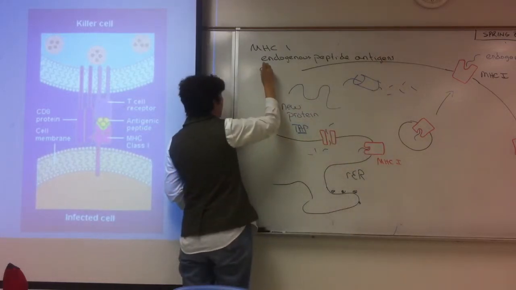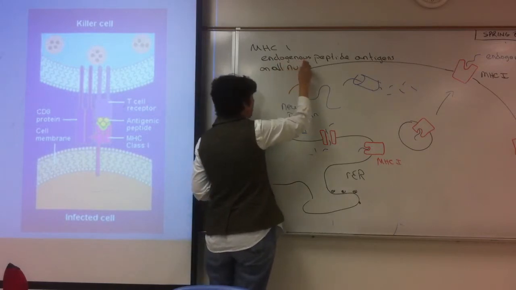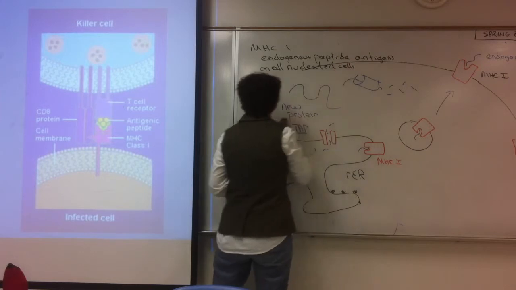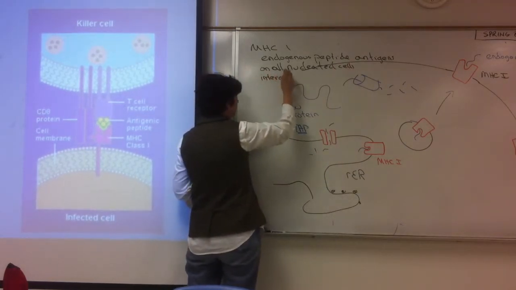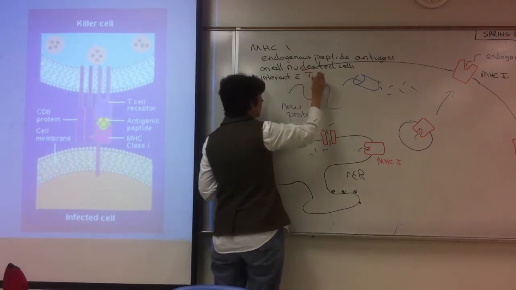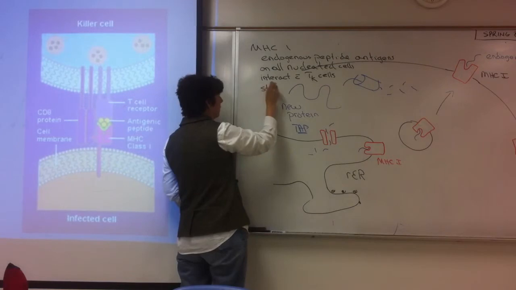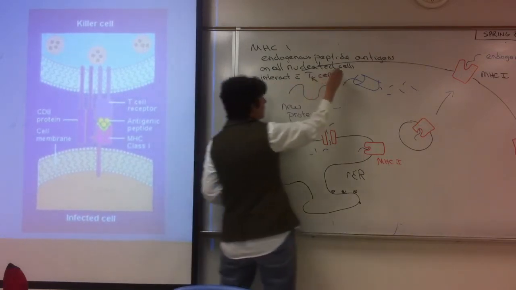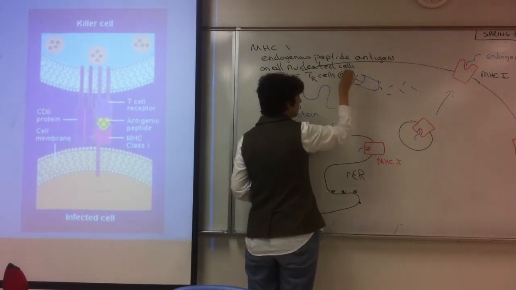Are found on all nucleated cells. Interact with T killer cells. The interaction is stabilized by, I'll just put CD8 over here.